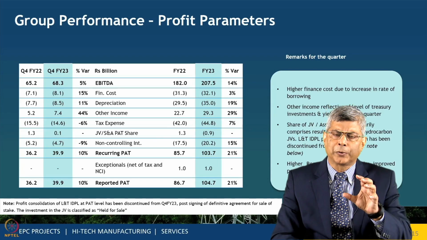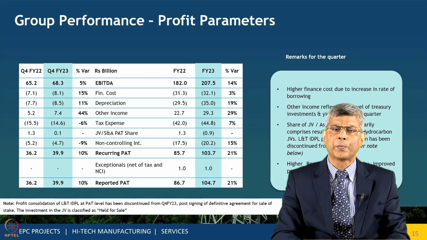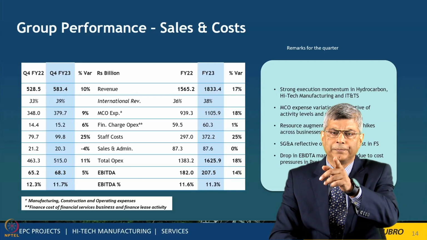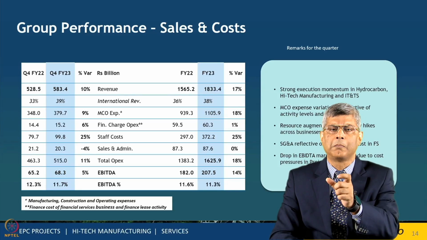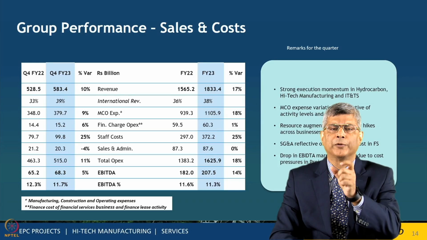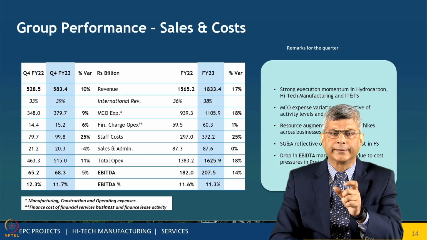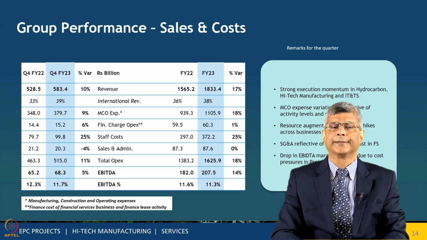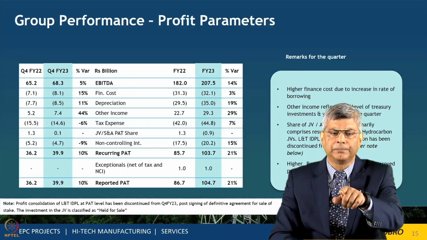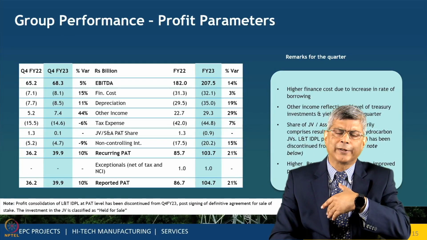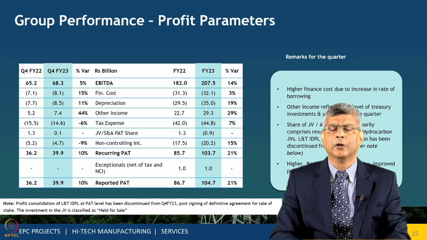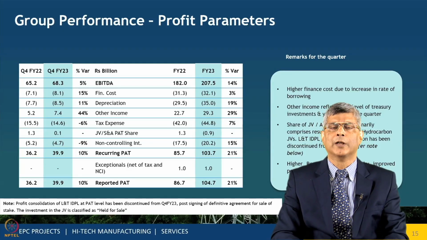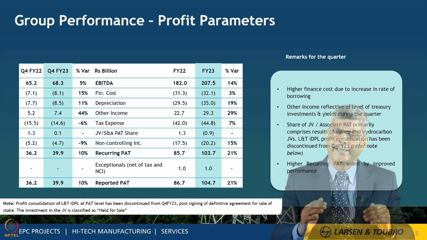So if you look at it in totality, they have sold, right on the top in the blue colored column, 1833.4 billion rupees. That's the revenue or sales. And if you look at the bottom, the reported profit after every cost, including taxes, is 10,000 crores or 104.7 billion. Concept is the same.